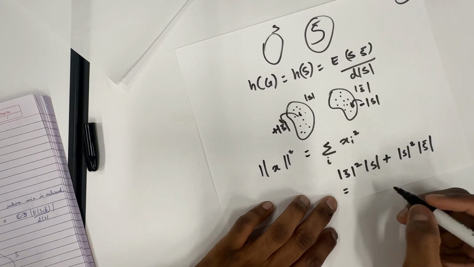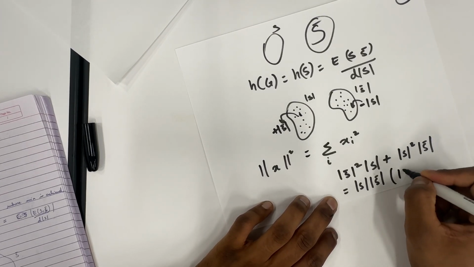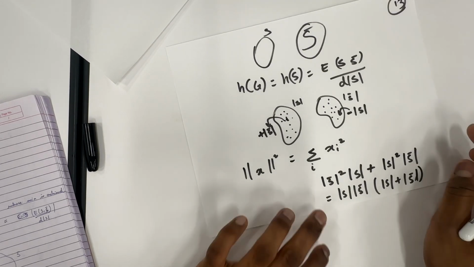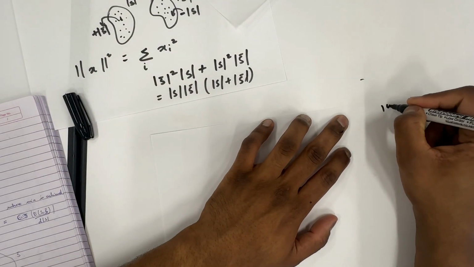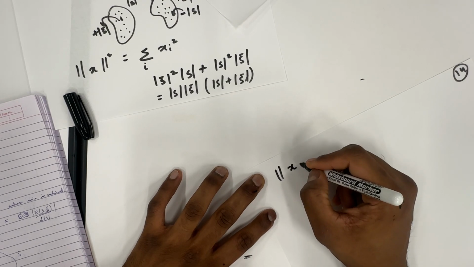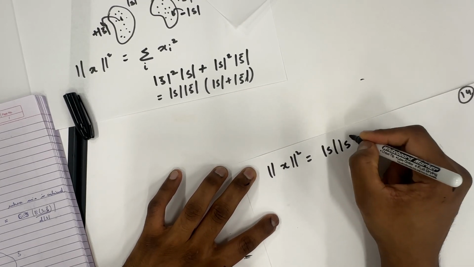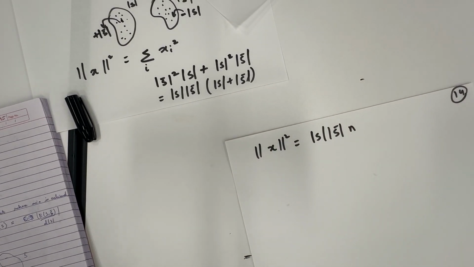So this becomes S bar times this plus this, right? So the norm of this vector square is... clear? This should be clear.